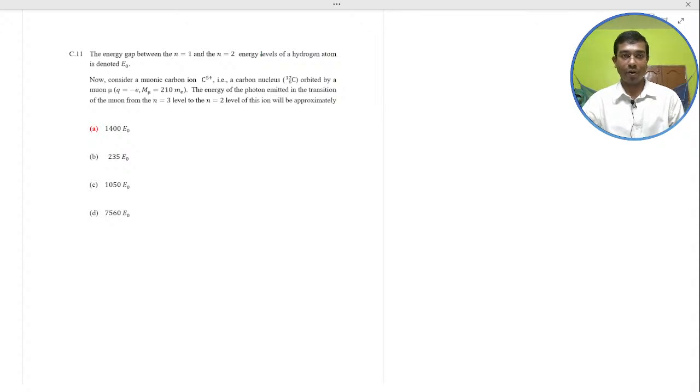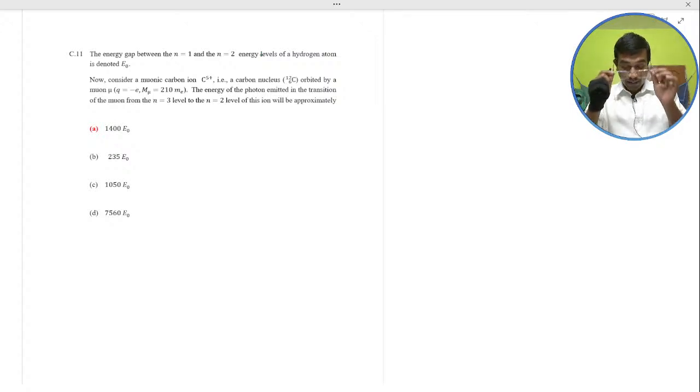Now consider a muonic carbon ion C5+, that is a carbon nucleus orbited by a muon. The energy of the photon emitted in the transition of the muon from the n equal to 3 level to n equal to 2 on this ion will be approximately what?